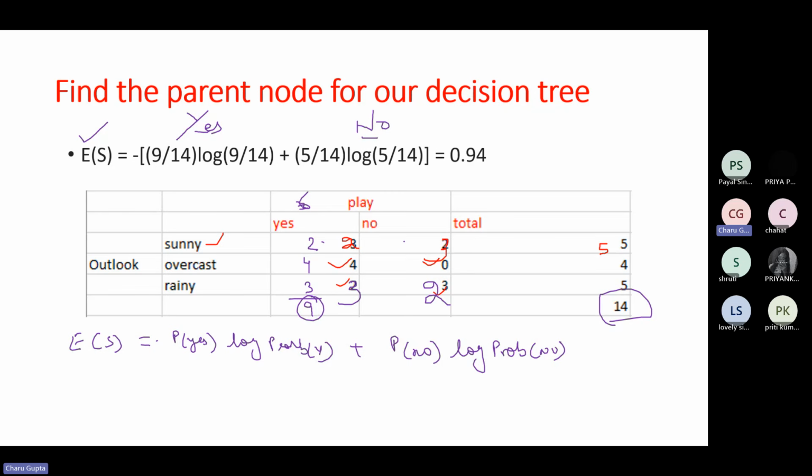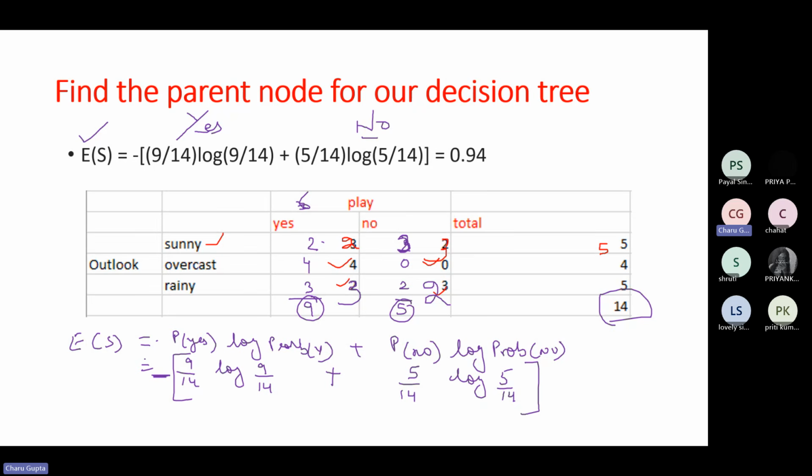No का आप कैलकुलेट करिए, 2, 0, 2. Sorry, this is 3. 3, 0, 2. So this is 5 and total is 14. तो yes वाले में हो गया 9/14 log of 9/14 प्लस no वाले में हो गया 5/14 log of 5/14. And with this, we'll have a minus sign also.